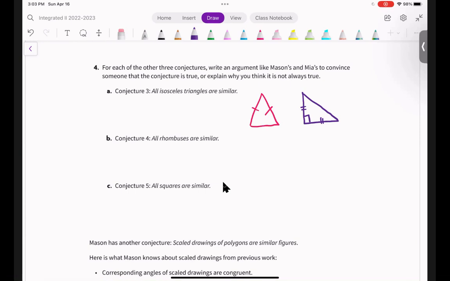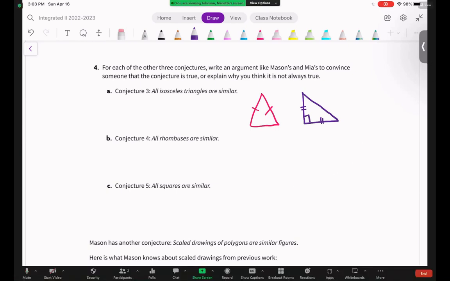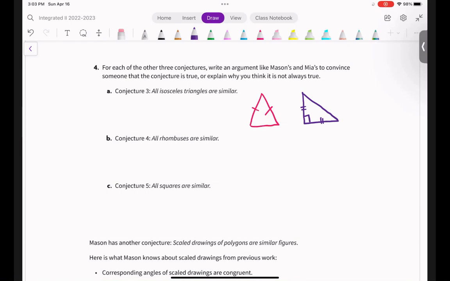Are all rhombuses similar? Okay. And so again, if you don't remember what a rhombus is, a 4-sided figure where all sides are congruent, like this. So can I draw another quadrilateral that has 4 sides that are congruent that doesn't look like this, whether I grow it or make it little or big?